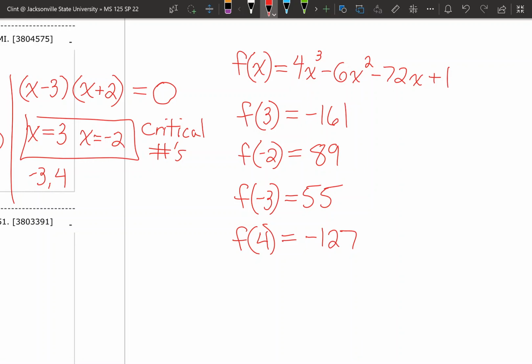So what's our absolute maximum? We'll do that first. 89 is the biggest, so that's our max. And our absolute minimum is negative 161.